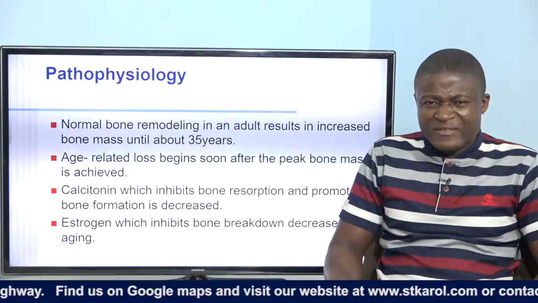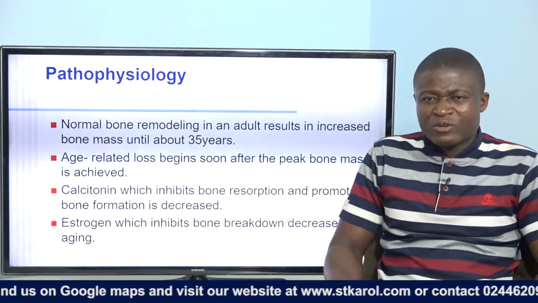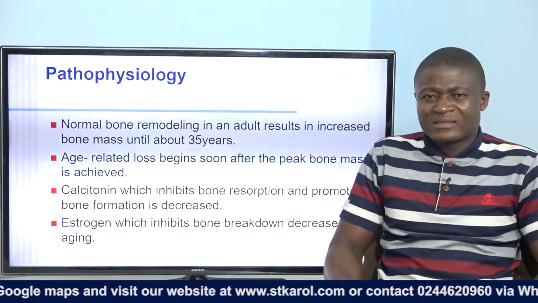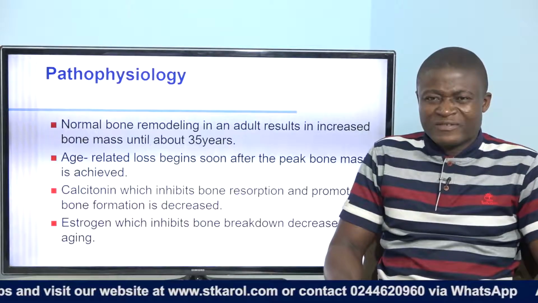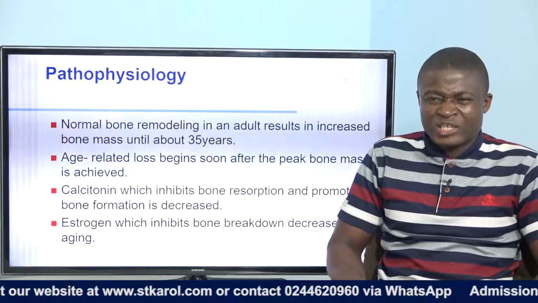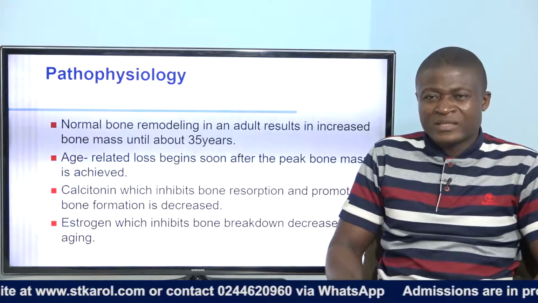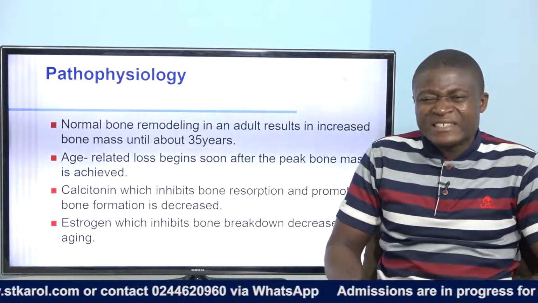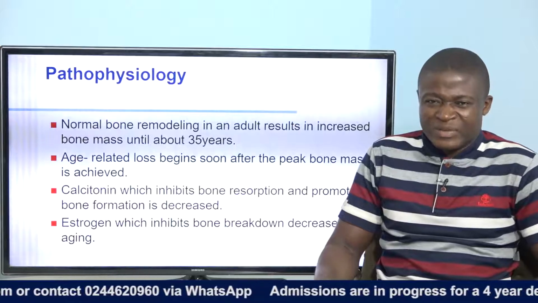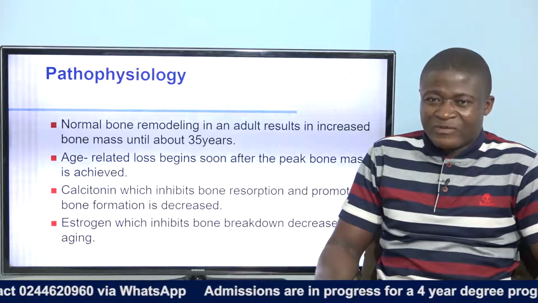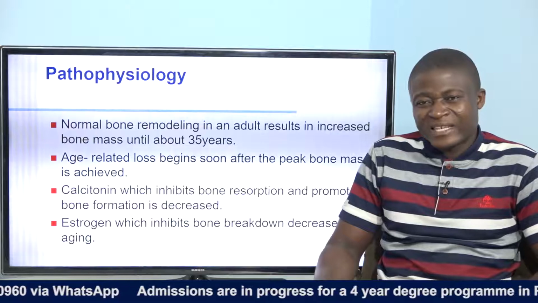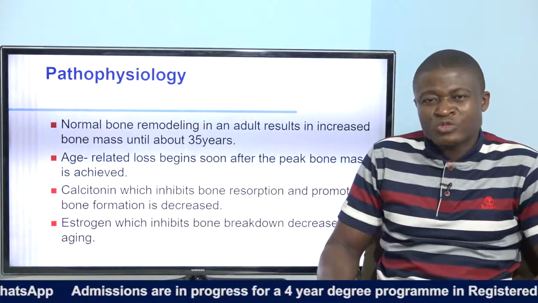When you get to 35 years old, age-related loss begins soon after this. So once you get to 35 years old, it means you have peaked in your bone mass development. Your bone will no longer increase in size, but it has peaked. But from there onwards, it starts to decline. So the size of the bone starts to decline.